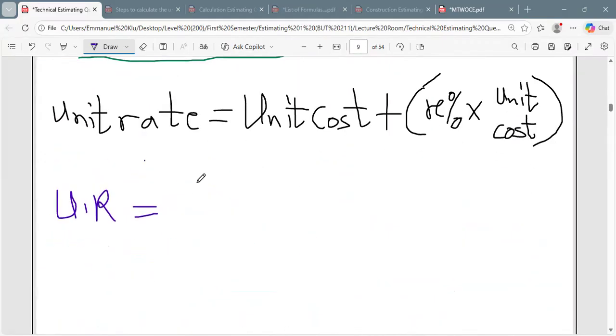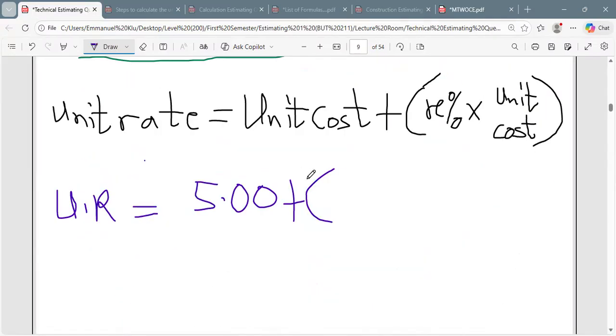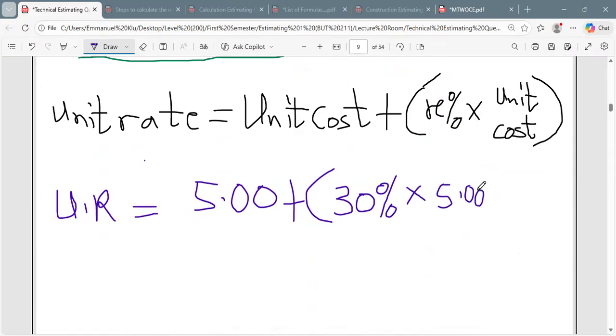So this is 5.00, plus, what is the percentage they give in the question? They said 30%. So in this case, our X is 30%. 30% times the unit cost again, 5.00.